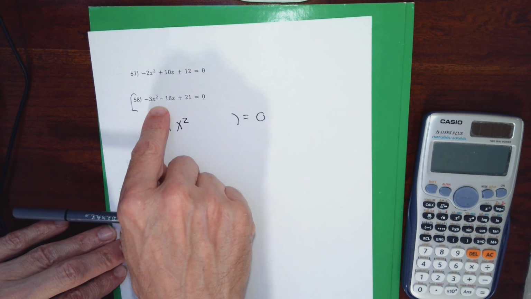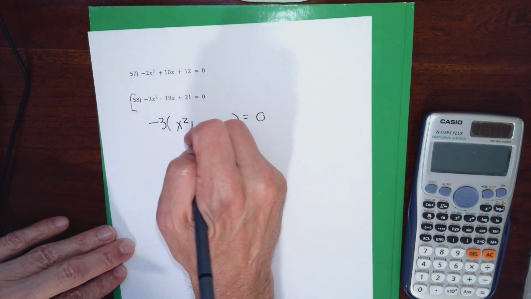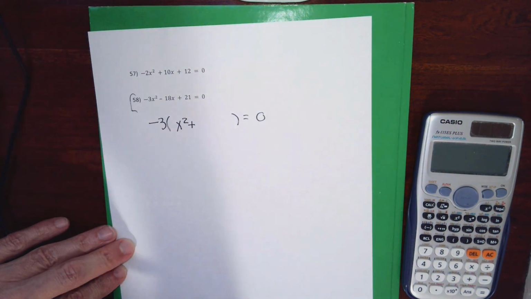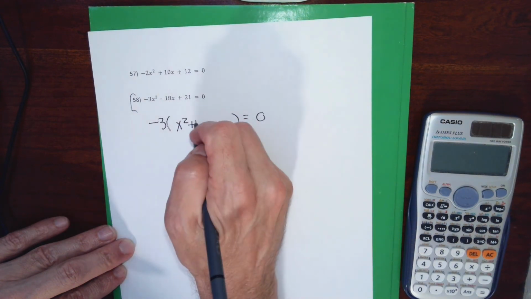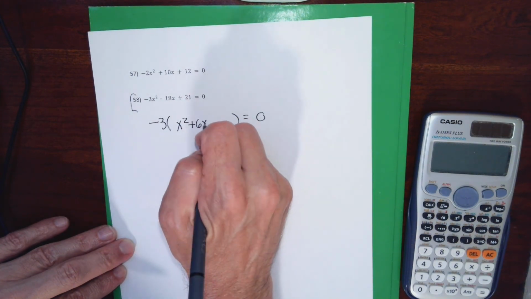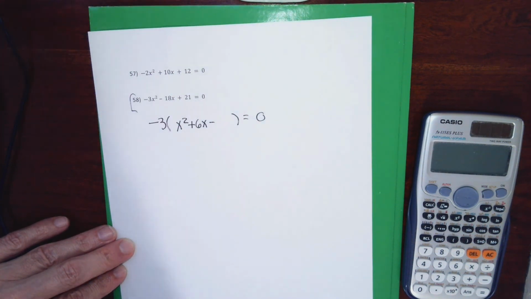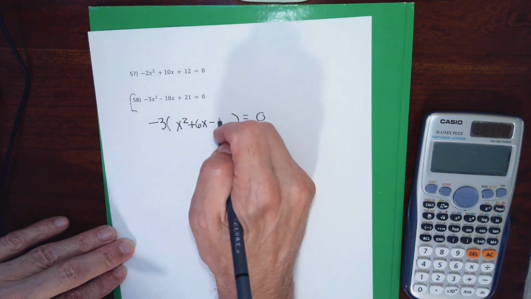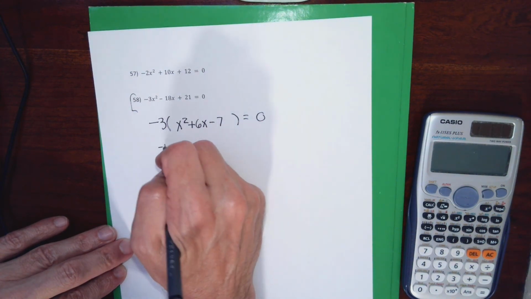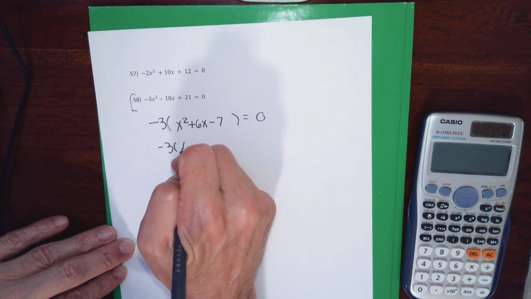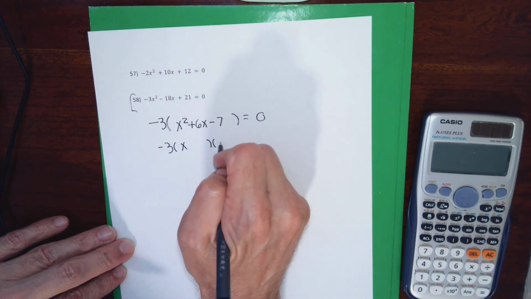The negative sign in front of the 18 is going to go to positive when I factor out the negative. The 18, when I factor out a 3, is going to turn into 6. The positive 21, the positive sign flips to negative when I factor out a negative. 21, I'll divide by 3 and get 7. Now I can sight factor because there's not a number in front of the squared term.